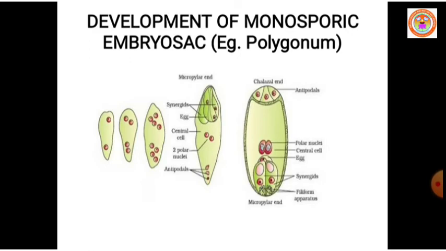Of the various stages in embryo sac development and organization, the simplest one is the monosporic type. So we are going to see the simplest type of monosporic embryo sac development. Let us start.